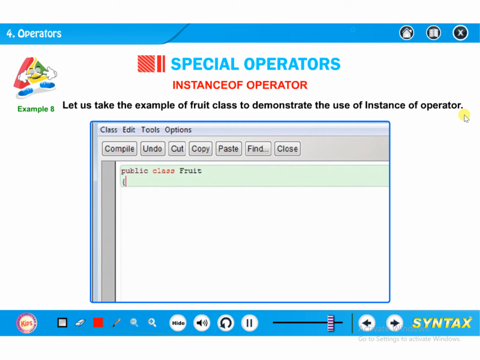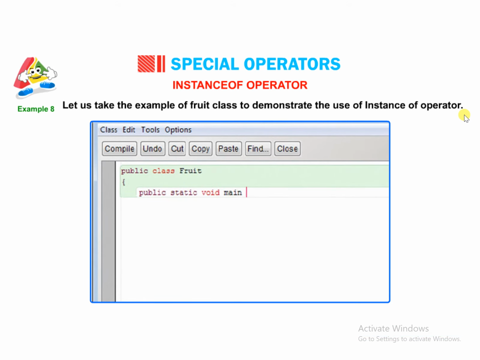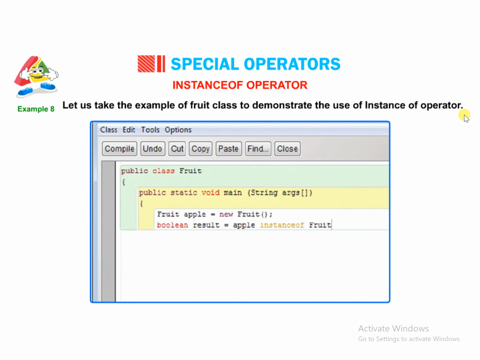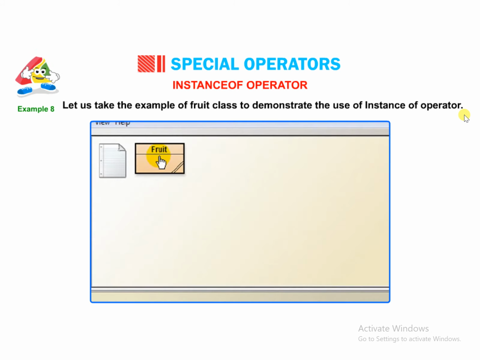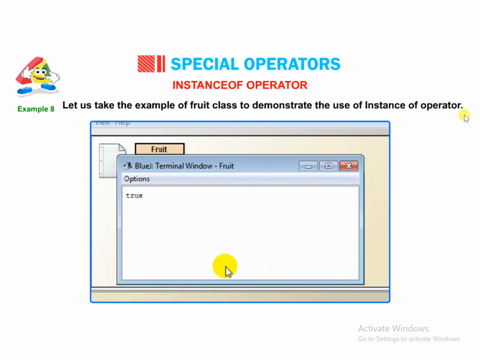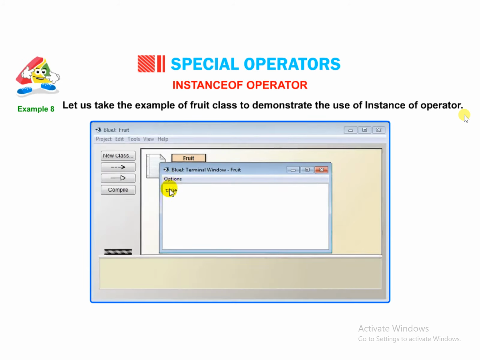public class Fruit { public static void main(String args) { Fruit apple = new Fruit(); boolean result = apple instanceof Fruit; System.out.println(result); } } This would produce the result true because the object apple belongs to the class Fruit.